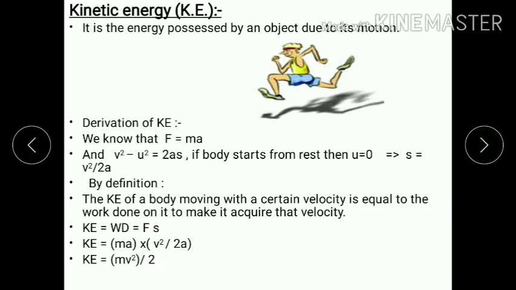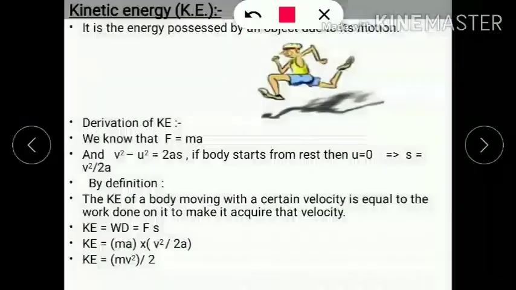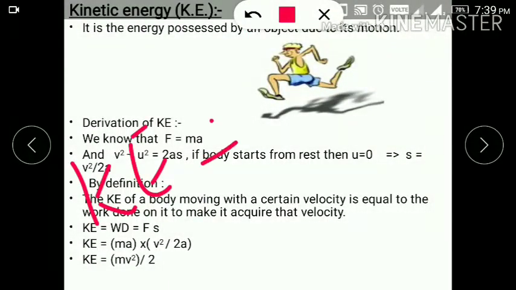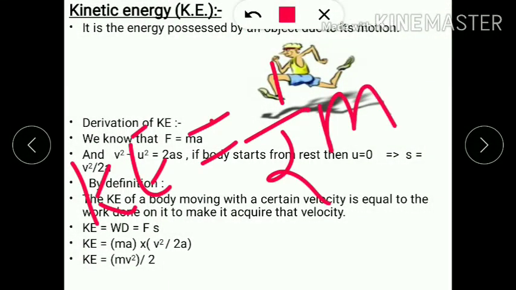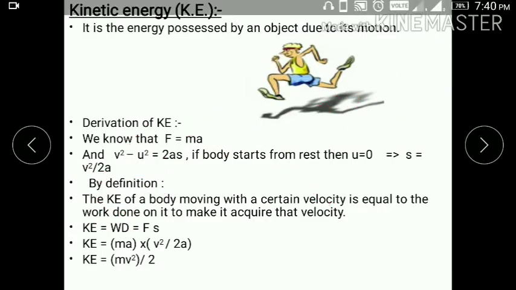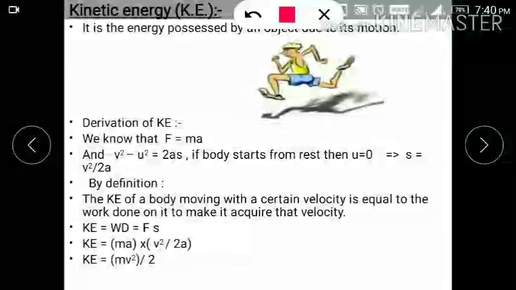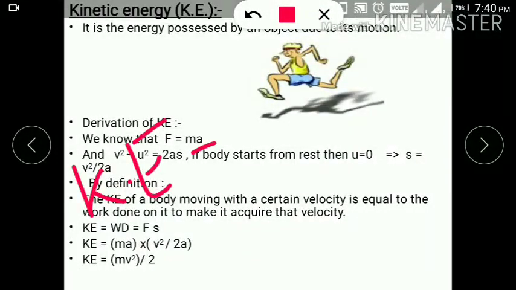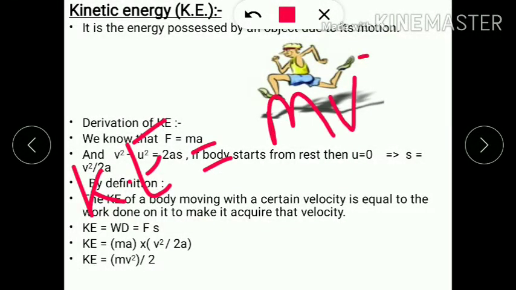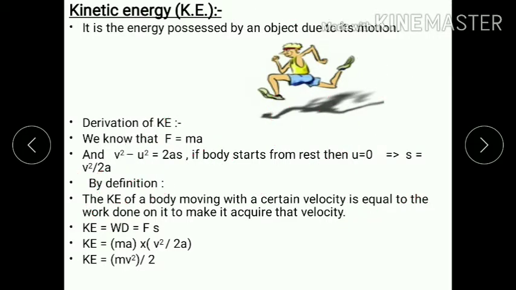The formula of F is F is equal to ma, and s means displacement. The value of s is v square upon 2a. So we get the value of kinetic energy is equal to 1 upon 2 mv square. That is the formula of kinetic energy. Or you can say kinetic energy is mv square upon 2. Okay, this is the formula.